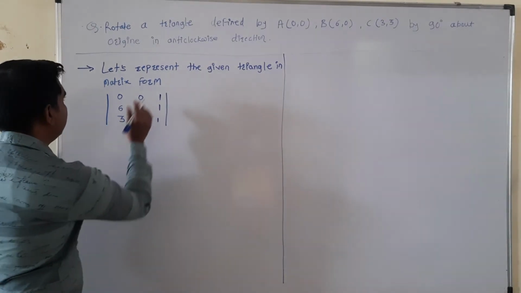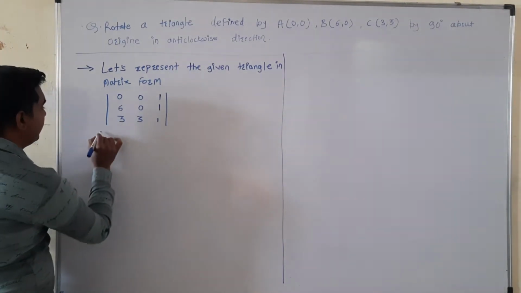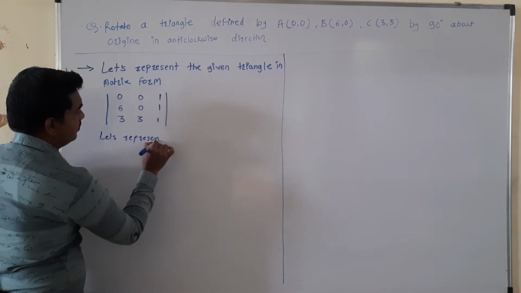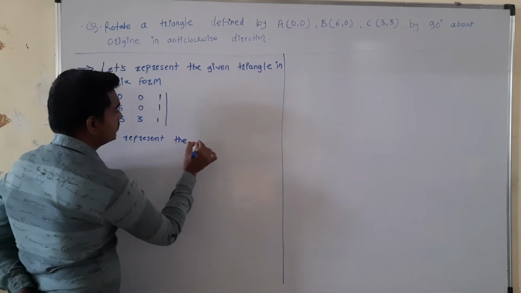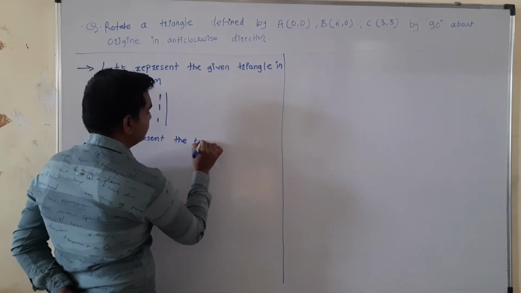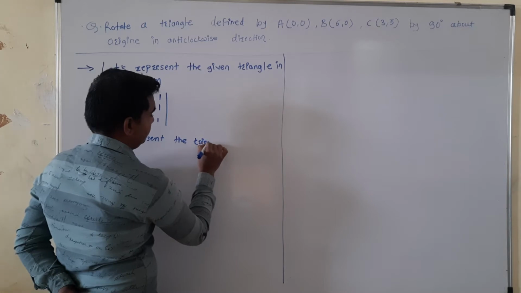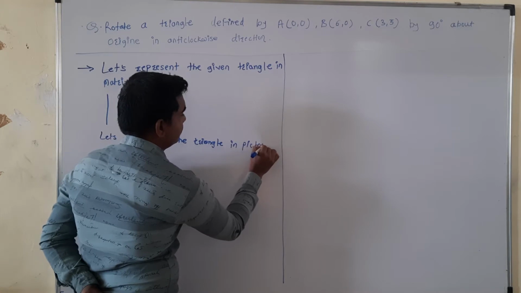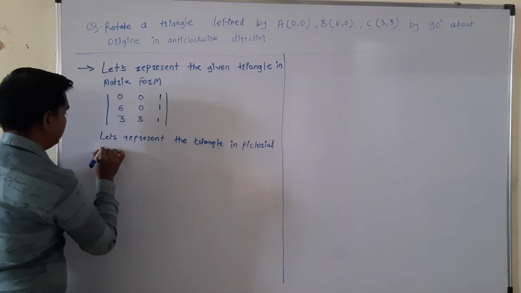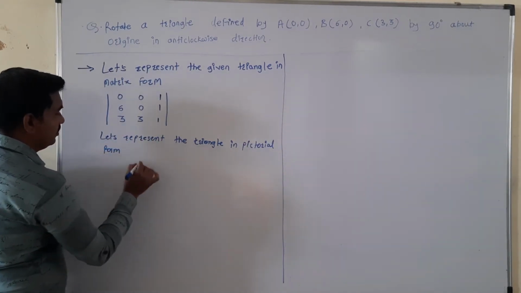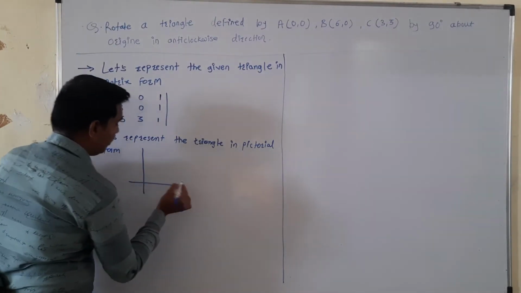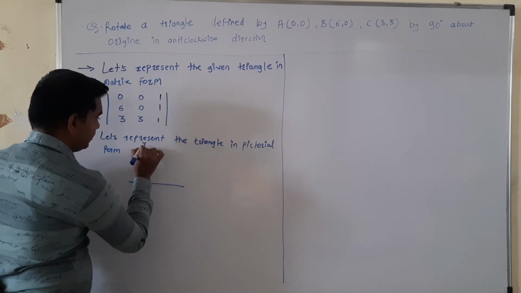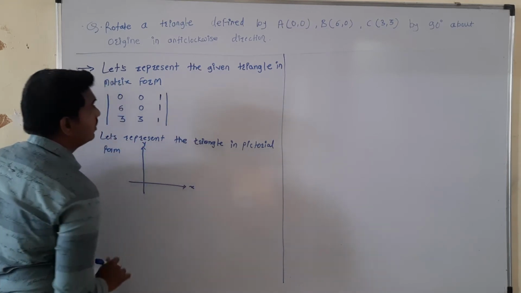Let's represent this triangle in pictorial form. The pictorial representation of the given triangle looks like this: here the y-axis, here the x-axis.